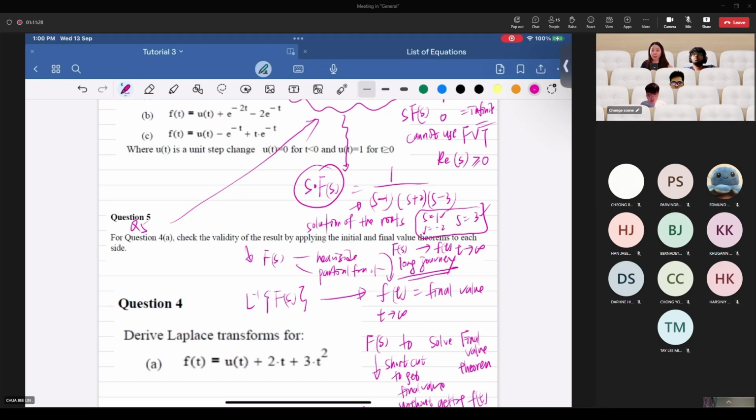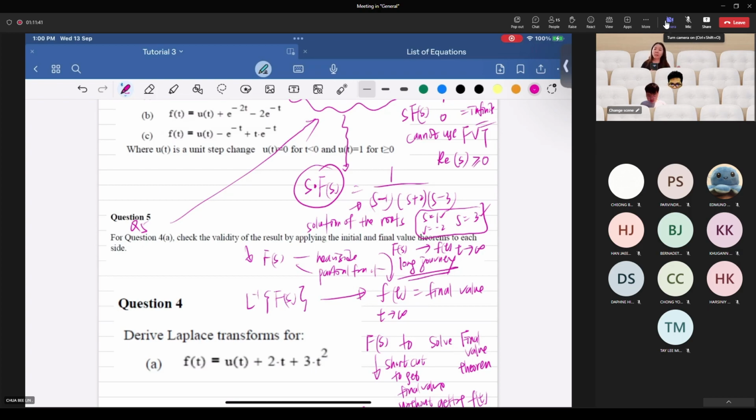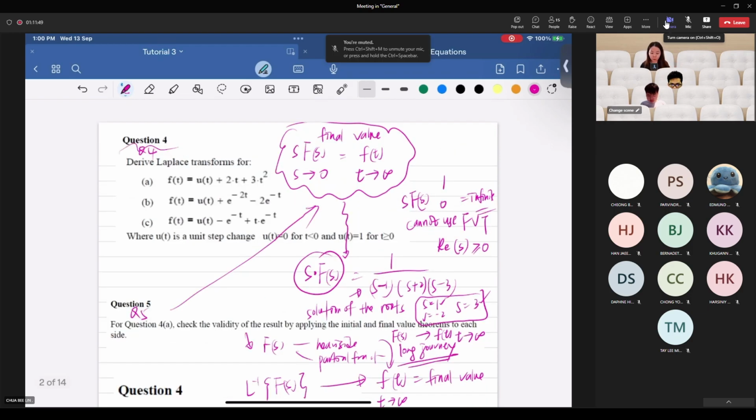What if the xt changes by 5 per 1 unit of time? The unit of time can be second, minute, or hour. Now my xt becomes 5t, then my xs becomes 5 over s squared. Rather than memorizing all this, you have to understand. The question can be changed.